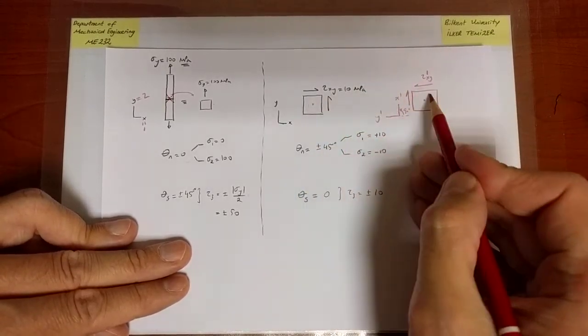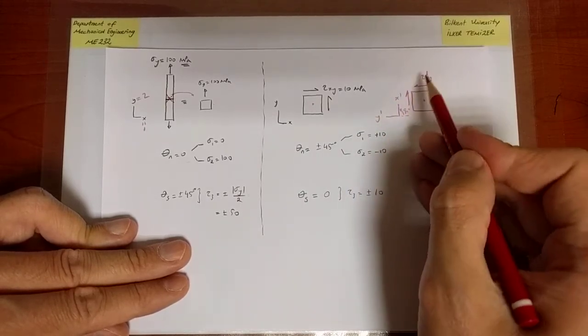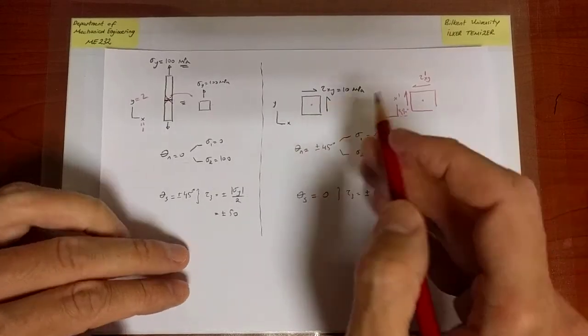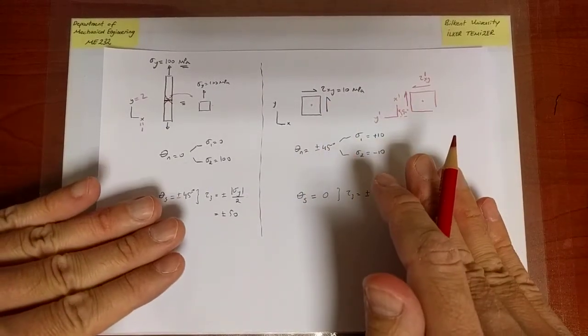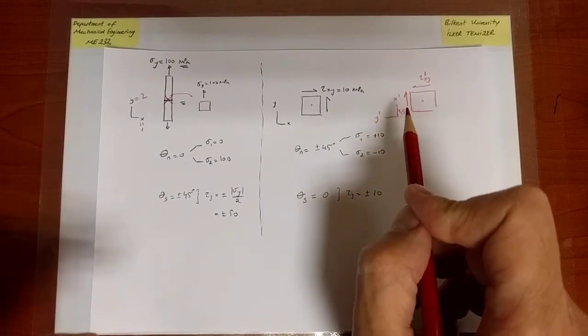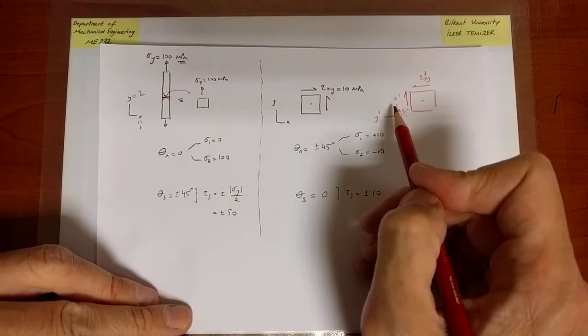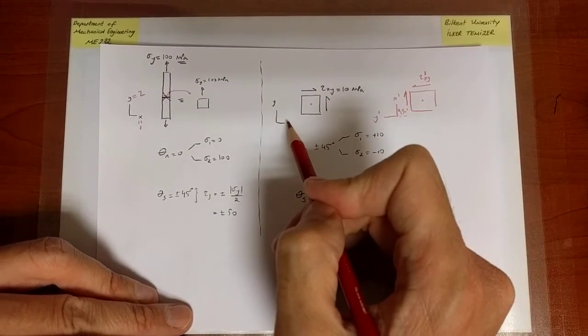But now you compare that picture and that picture. Of course, in general, there will be a sigma x prime and y prime, but they are 0 because this picture and that picture are actually exactly equivalent. Now, the state of stress is the same. I'm just rotating the coordinates, but also it's the same picture. I mean, the orientations are still the same. It's just that these axes have been flipped, okay?